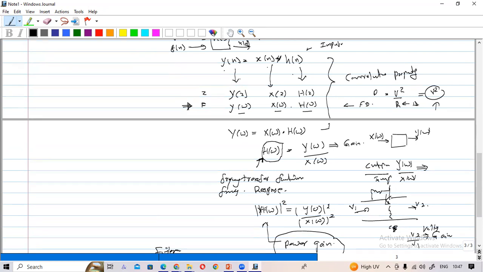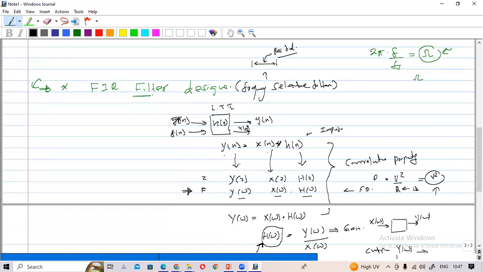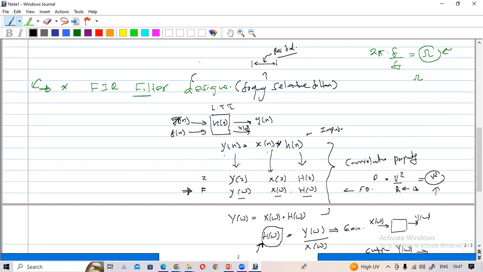FIR filter design means that you are getting the impulse response from the frequency response, the frequency transfer function. So you have to apply the inverse Fourier transform. That is what we normally refer to as filter design.